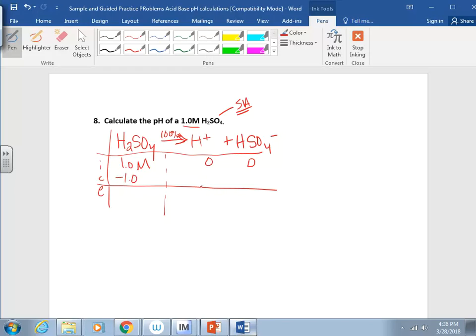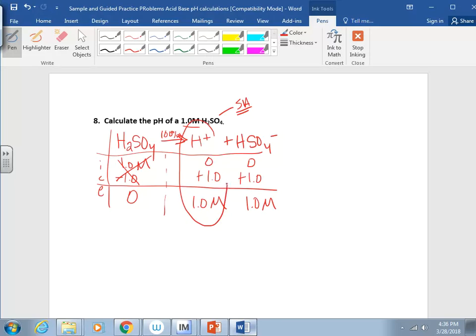Minus 1.0, plus 1.0, plus 1.0. So this is all gone, we assume. So this is going to be 1.0 for the hydrogen ion concentration and 1.0 for the hydrogen sulfate concentration.